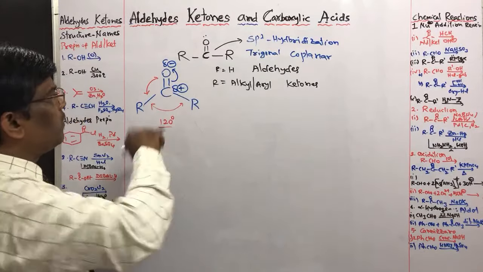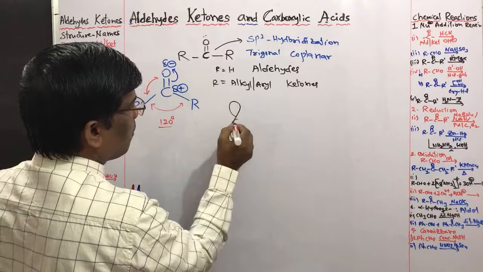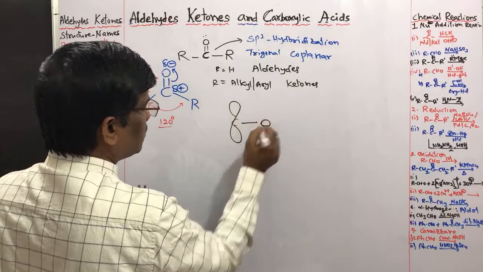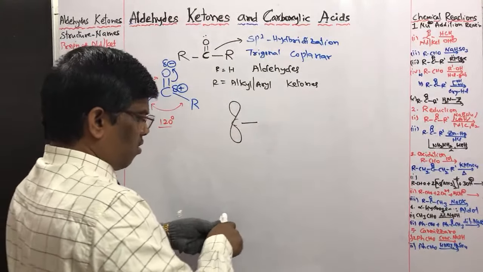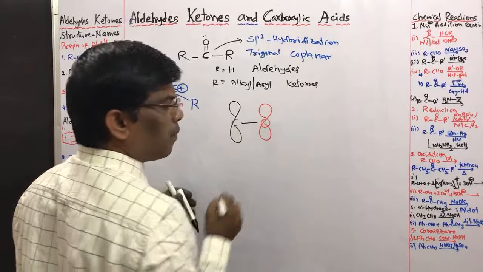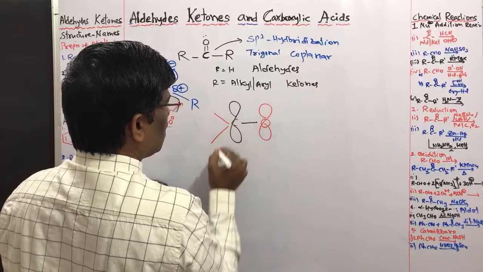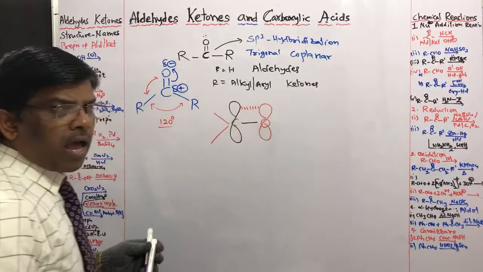The bond between carbon and oxygen is a pi bond where oxygen uses its p orbital to form a pi bond by side-on overlapping.